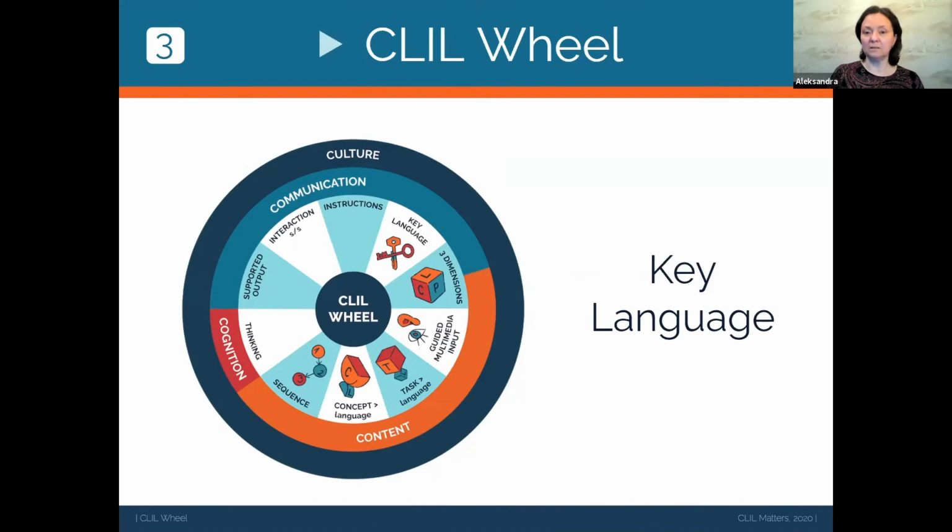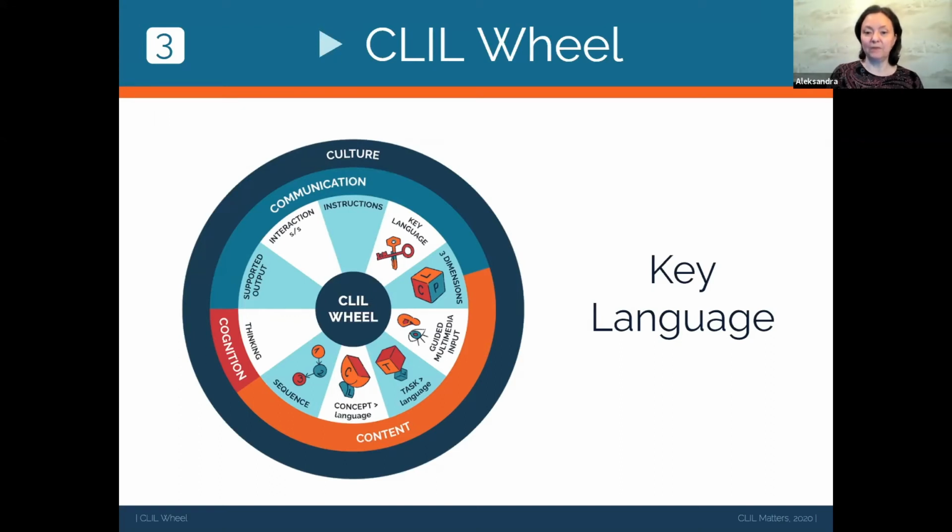I may ask my students to give definitions. So do they know the language of definitions? I may ask my students to show me similarities and differences between something, two countries, for example. Do they know the language that allows them to express similarities and differences?